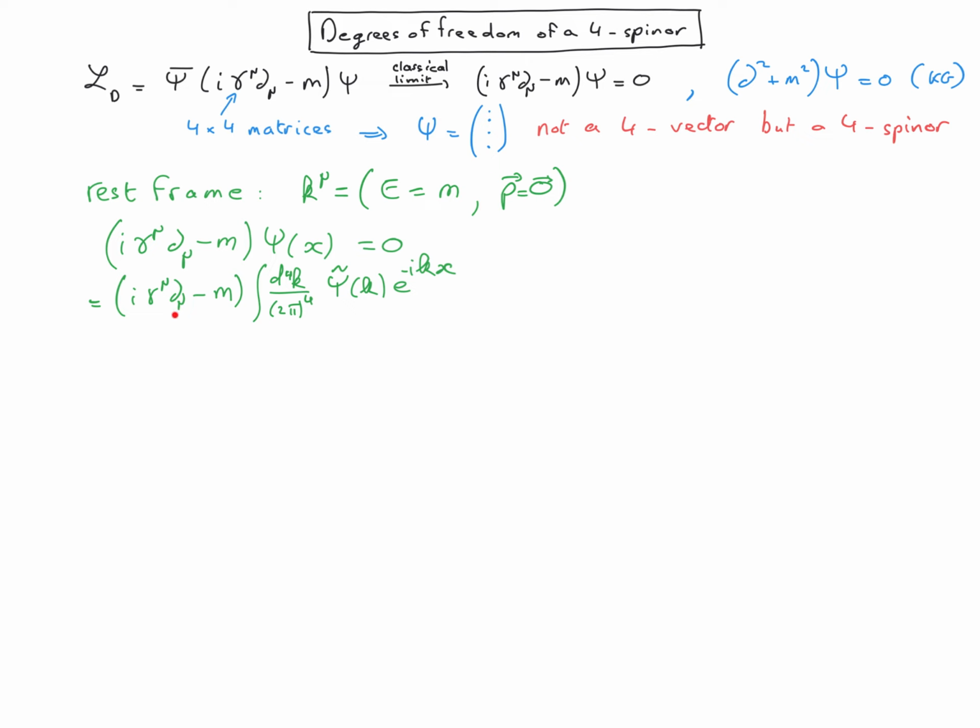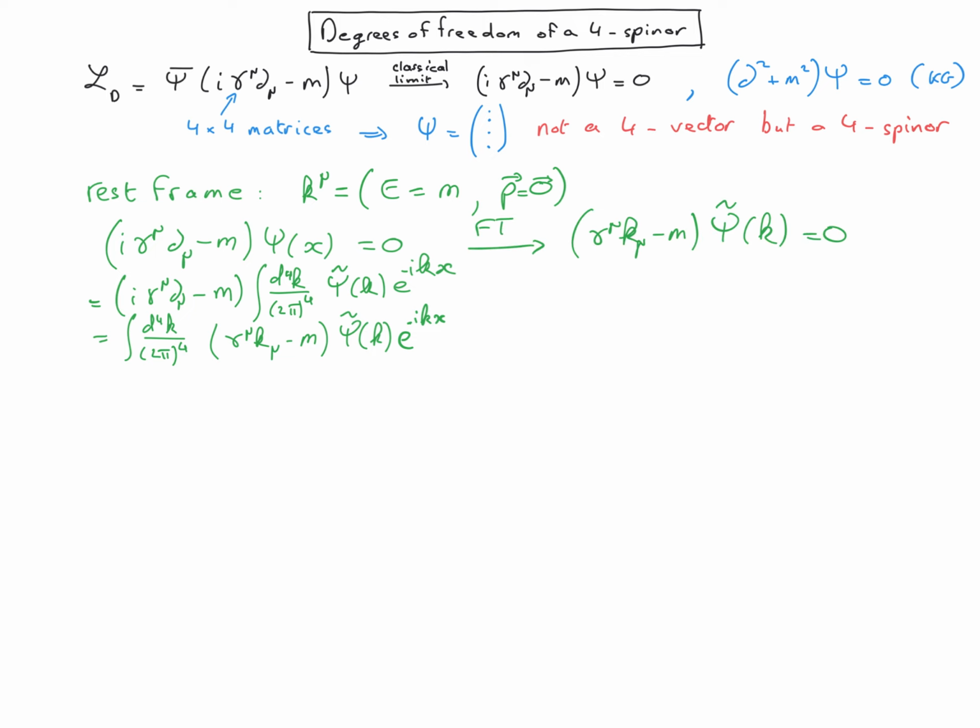Now the derivative is only acting on the exponential, because that's only where we have x now, and that's going to bring down minus i k mu. So that's the Fourier transform of our initial left-hand side. Therefore, we have that's the Dirac equation in momentum space.